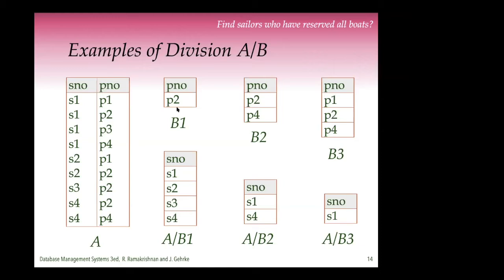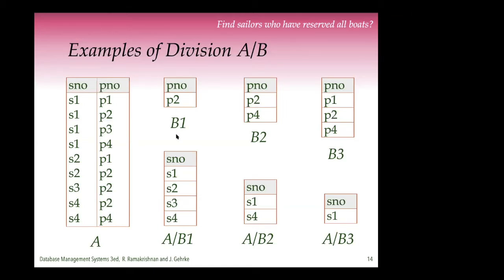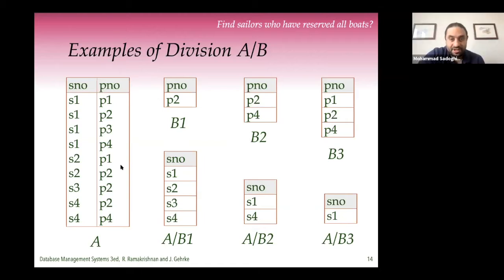To clarify, are you saying the cross product between A and B is A divided by B1? Division, right. No, I'm not saying that's the way. I'm saying for this particular instance, if you use a higher-level operator like the equality join, which is basically a cross product of the two relations dropping any tuples that do not satisfy the equality condition, I would get S1 P2, S2 P2, S3 P2, and S4 P2.